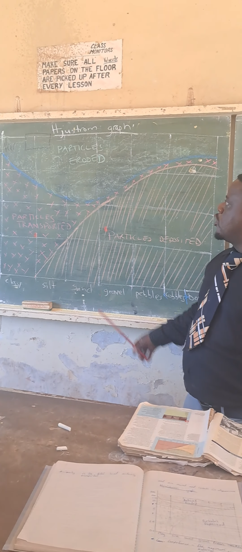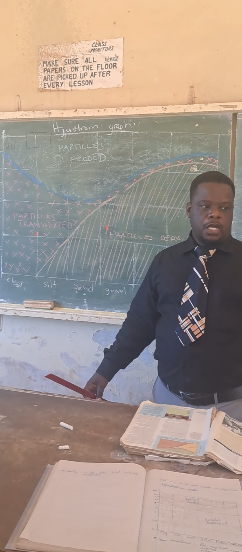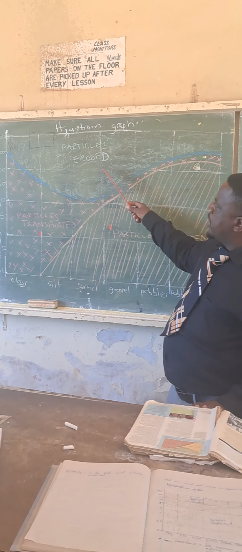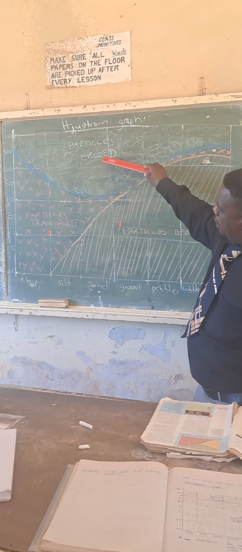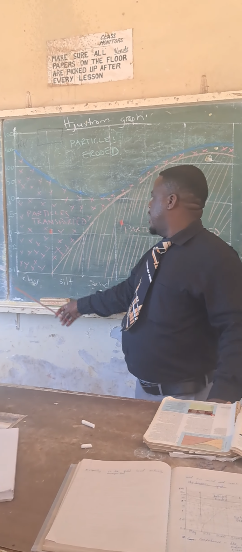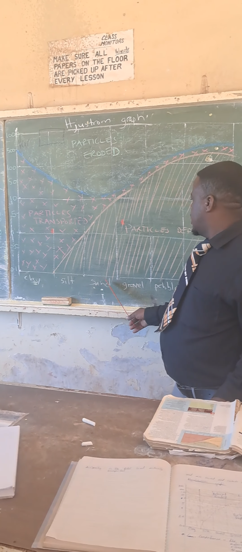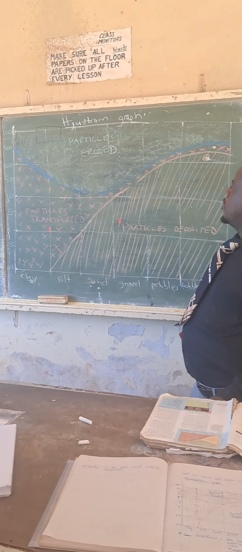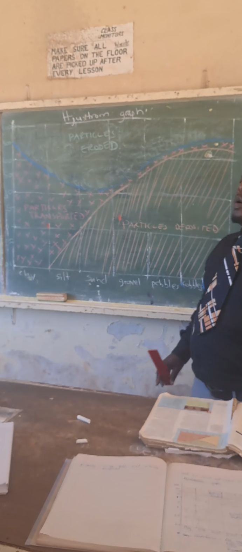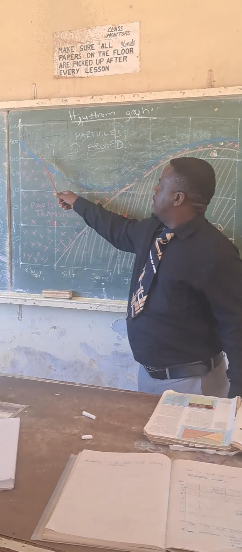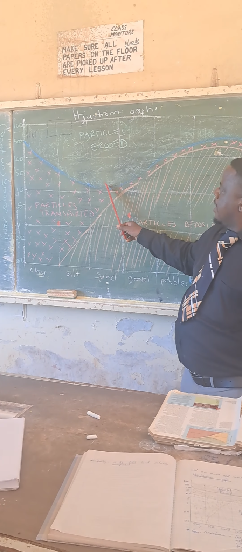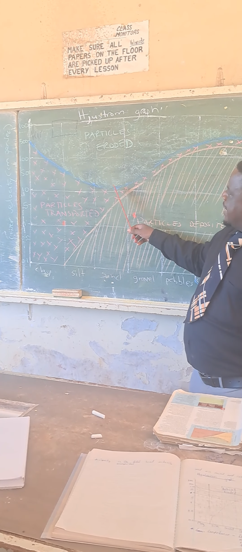So to start, we want to look at particles eroded. If we look at this graph, here it's clay particles, silt, sand, gravel, up to rock boulders. Our graph starts from here, circling on sand.